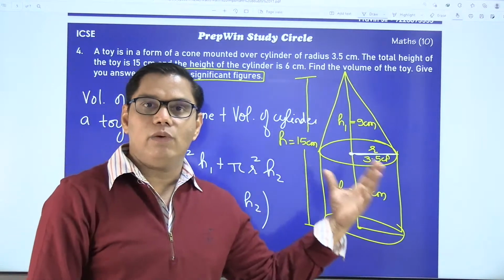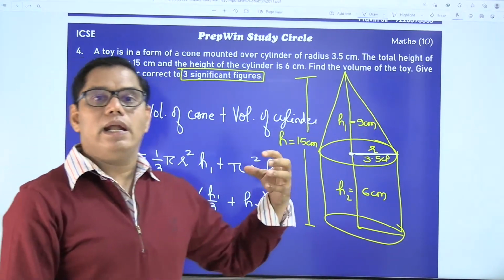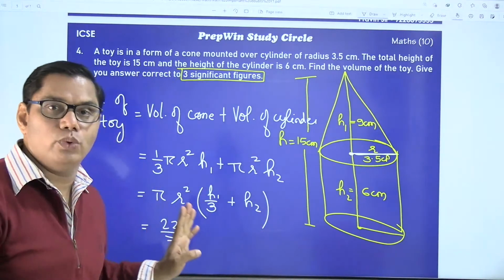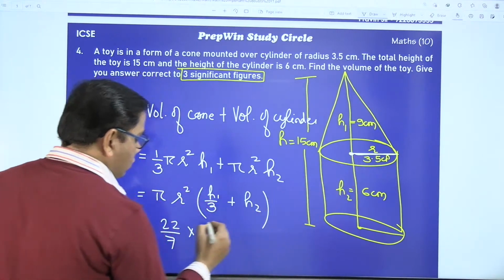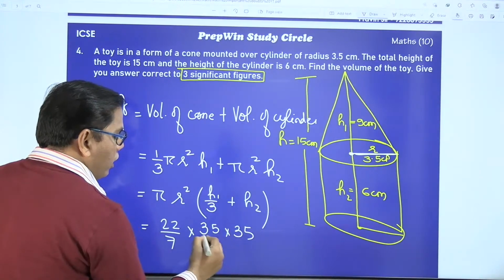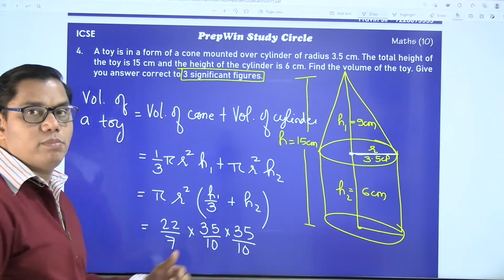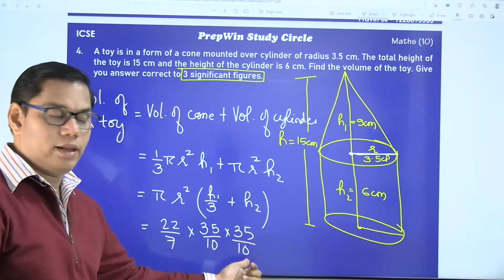If they give us any value of pi, like an obedient student, we will use the same value. It is up to us. If we have to use a value of pi, we are always going to use 22 by 7. And r square, radius is 3.5, so I have to write it twice. And I don't like decimal points, so since I am removing the decimal point after one digit from the right hand side, I'm going to write 10 and 10.